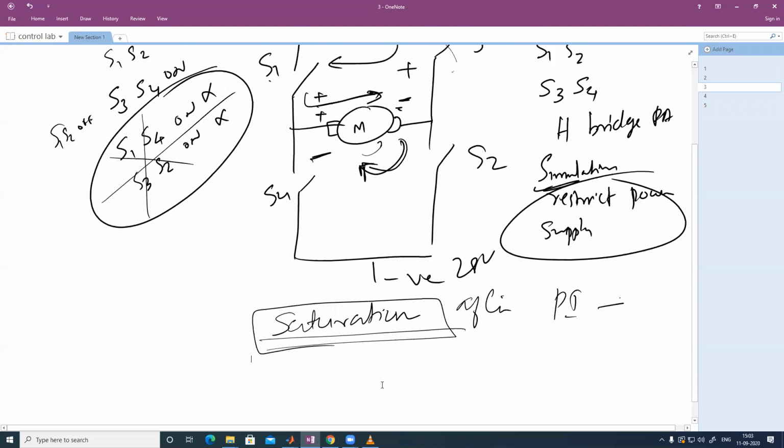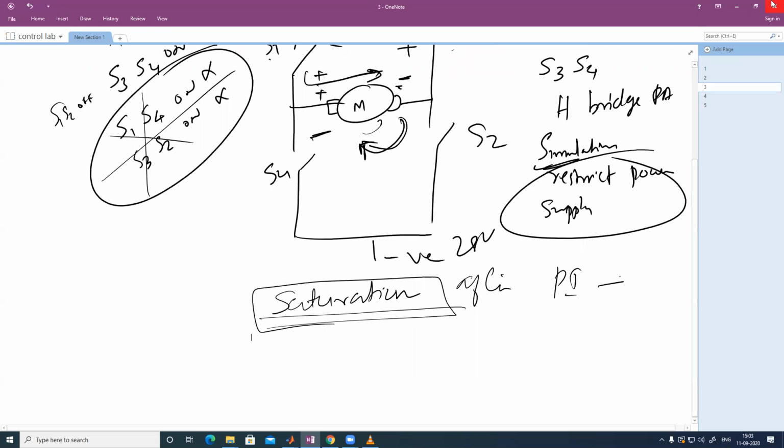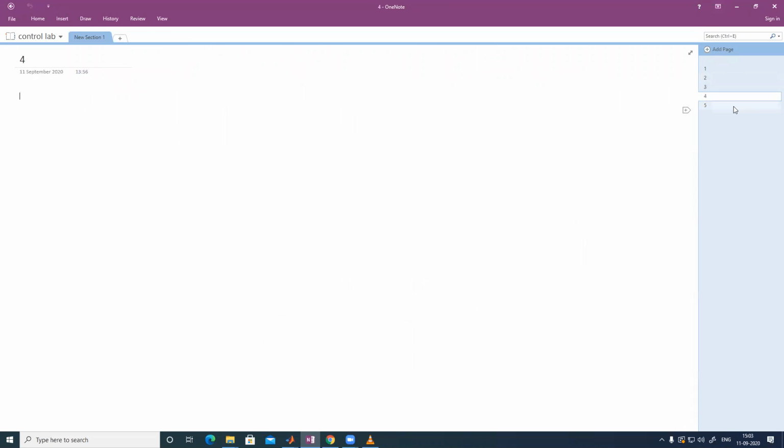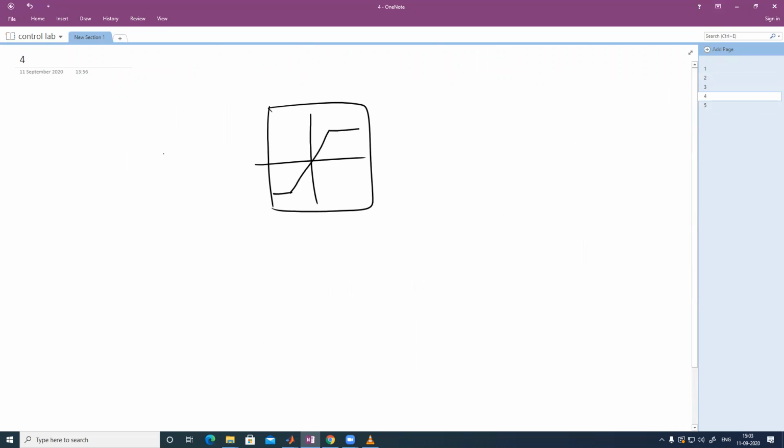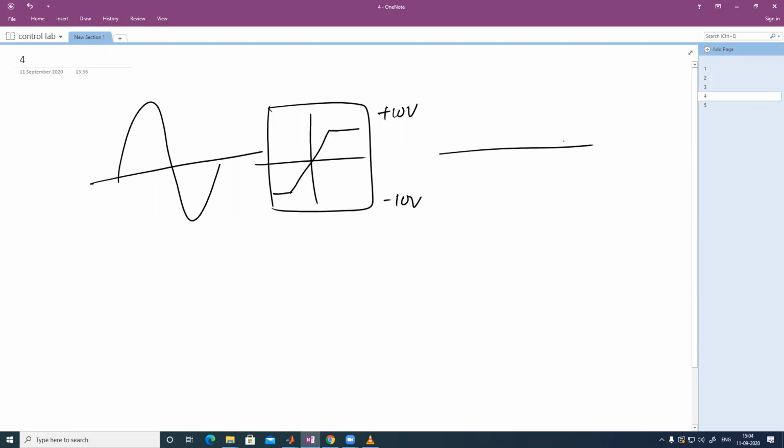So that is actually a non-linear system, because the saturation block is like this. If you are giving the saturation levels plus 10 volt and minus 10 volt, and some signal is coming, if it is a sine wave like this, with a peak voltage of 5 volt, then the output will be 5 volt only. It will give an exact sine wave.